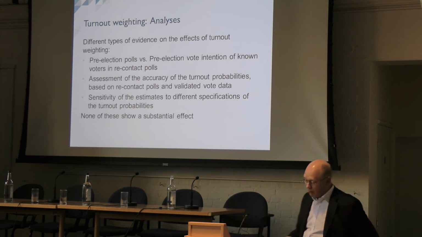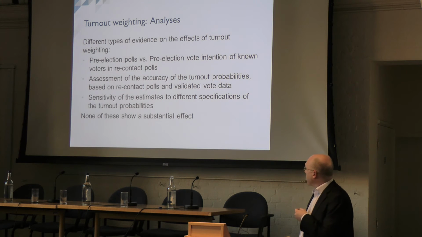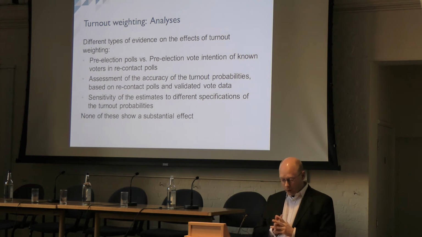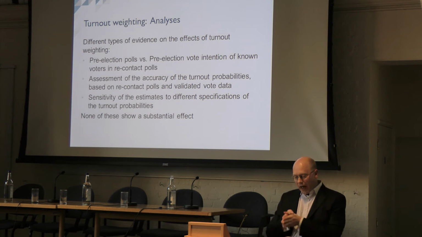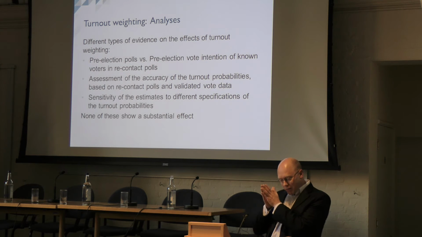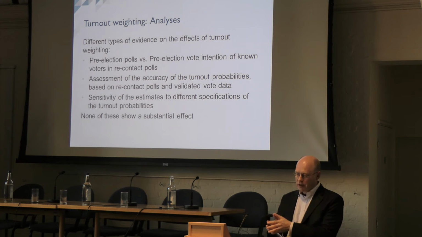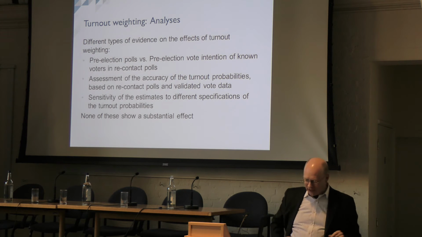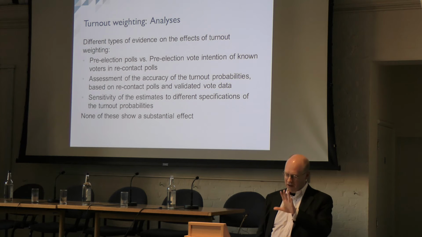And why do we say that? We have looked at, again, different types of evidence for this. Here, the like-with-like comparison is the first bullet point. So the pre-election polls on the one hand, and then the individuals from the recontact polls who are known to have voted, with their pre-election vote question, the one answer they gave before the election. So in this comparison, the sampling is held constant because it's still the polls.